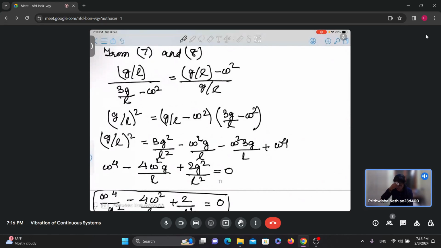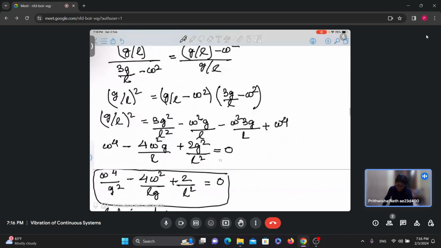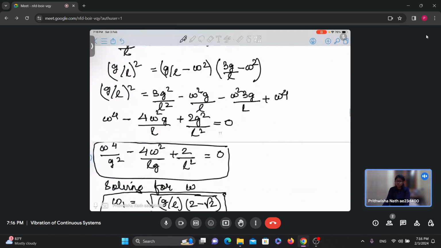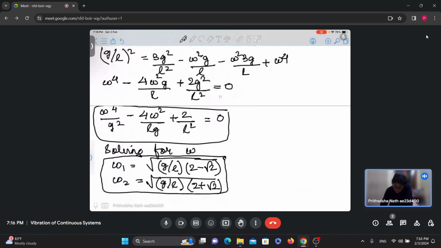So I just rearrange the terms, and finally what I get is omega to the power 4 minus 4 omega square g by L plus 2 g square by L square equals 0. Now when I solve for omega, I get these two values, as you can see from here.